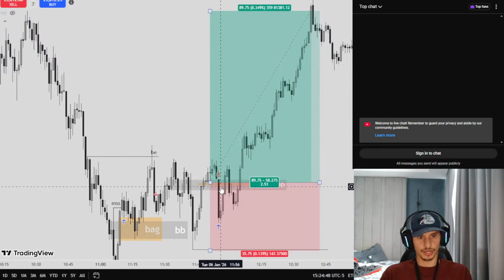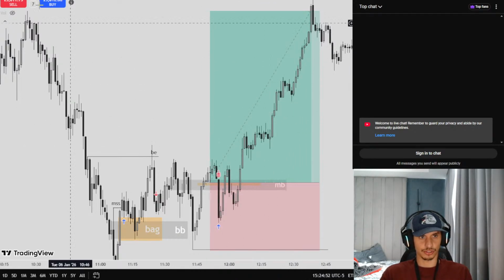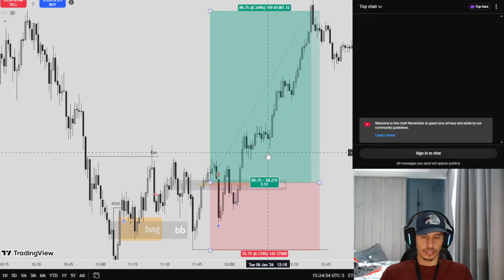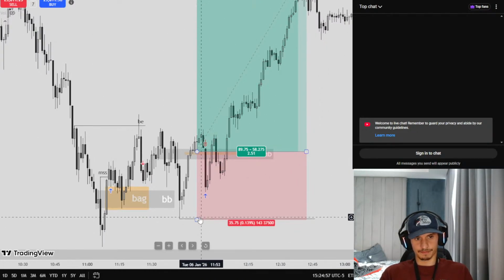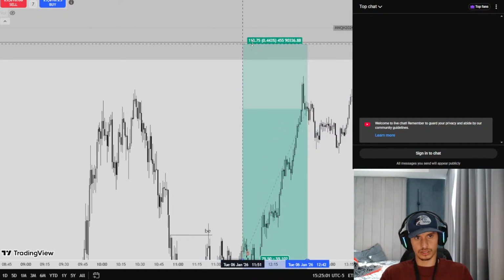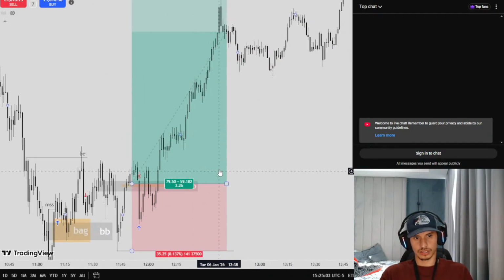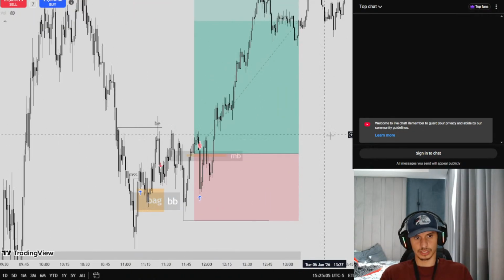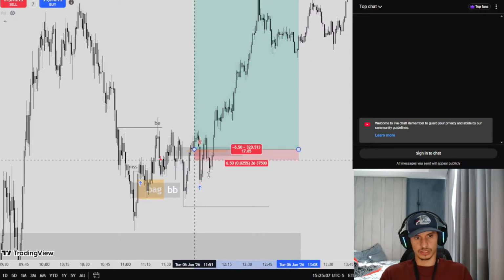Even though it was a long trade, still a very valid hold. Probably trail the stop loss. Yeah, it's just unfortunate. Could have even targeted those highs. Stop loss was just about there.